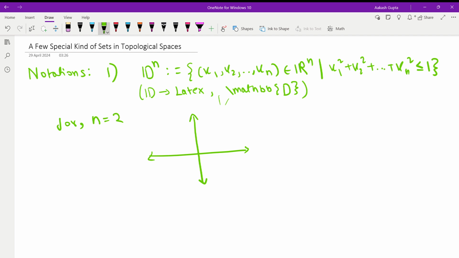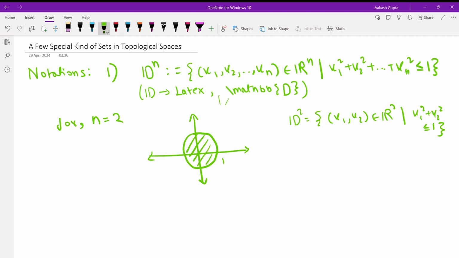So what is D2? The collection of all two-tuples such that their distance from origin is less than or equal to 1. If it is equal to 1, it would be this unit circle and then this thing. So this is your D2.